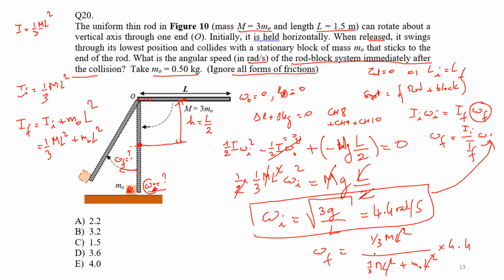And you will find an omega final of 2.2 radian per second, just by conservation of angular momentum and conservation of mechanical energy. And this is an A+ question because it combines chapter 8, chapter 9, chapter 10, and chapter 11. Conservation of angular momentum is a powerful tool.